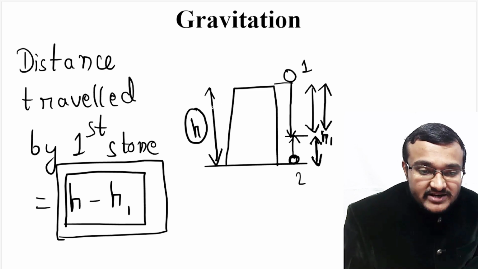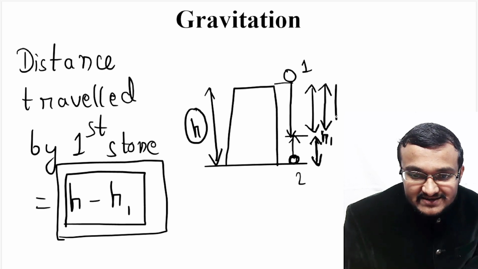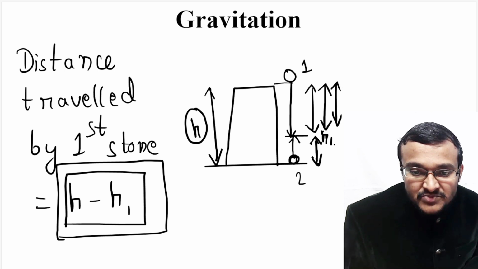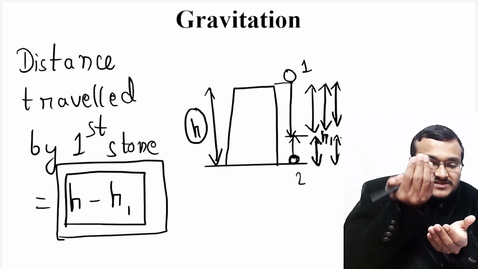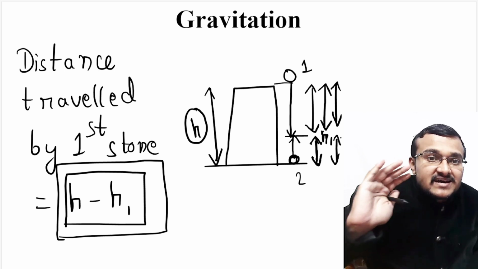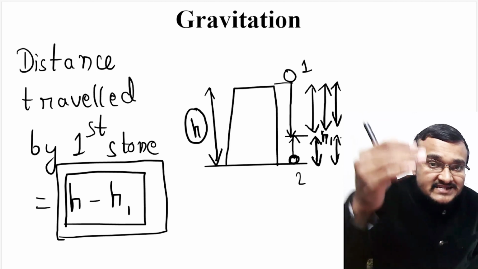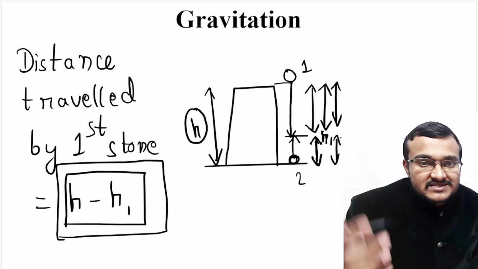Here for the first stone we took h minus h1 so that we get this particular distance, but for stone 2 we have to take this particular distance because it has traveled from the bottom surface. So that distance is h1. For the first stone it was h minus h1, for the second stone it is just h1.